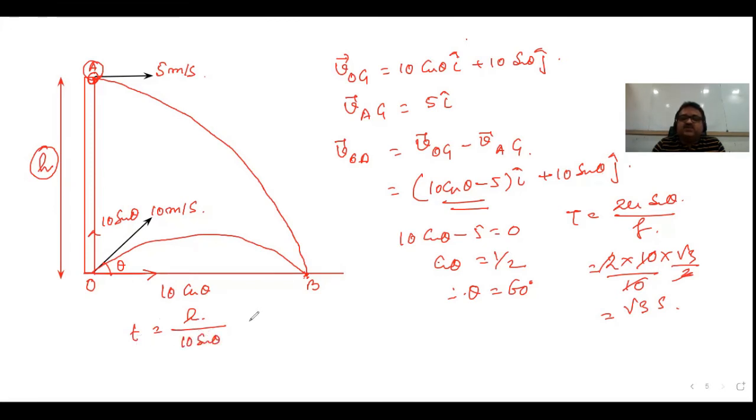Now T is already known to us, that is root 3. H we have to find out, and 10 sine of 60, that is sine 60 is root 3 by 2. That means if we calculate, cancel, 5 root 3 into root 3, that is 15 meter. Okay, so this is so simple.